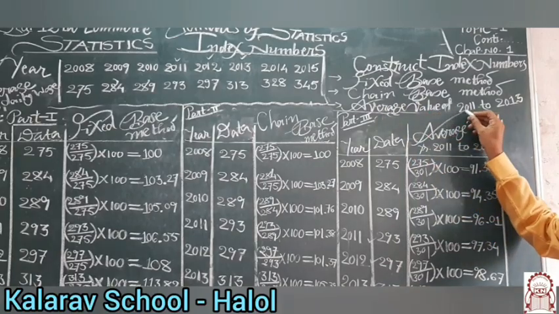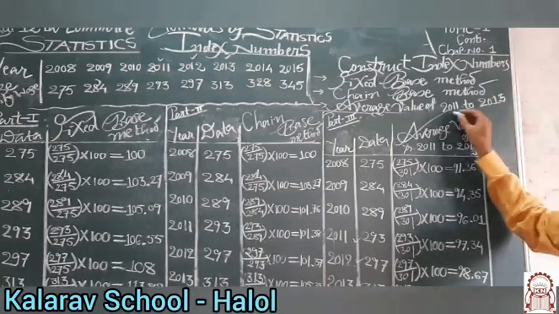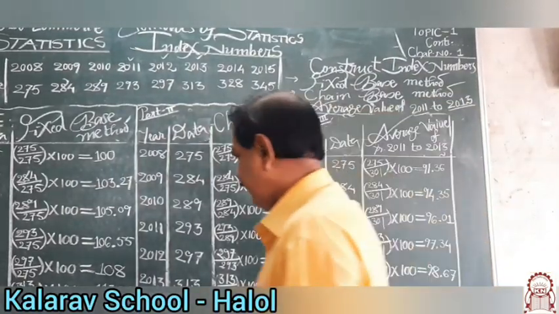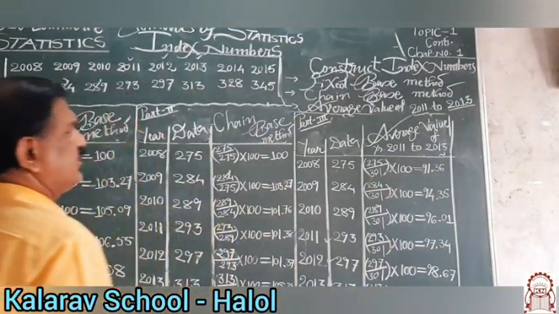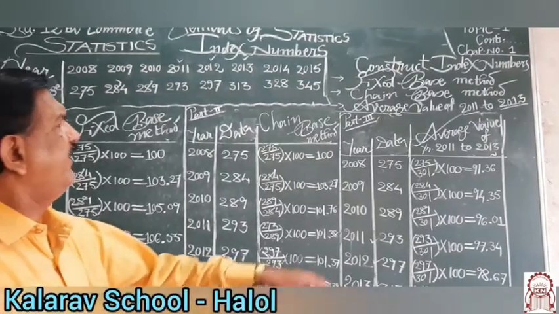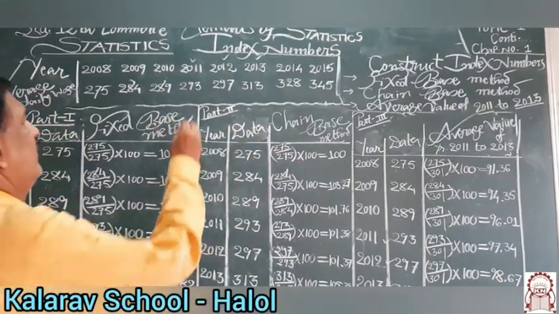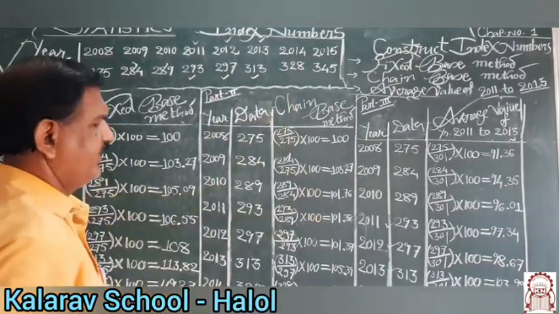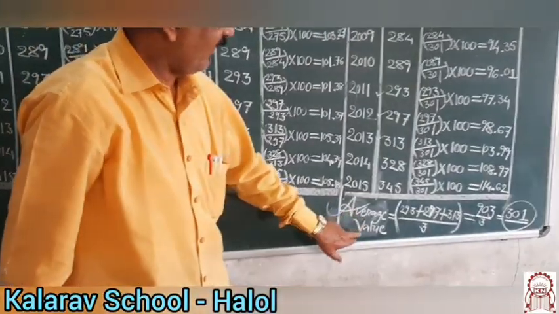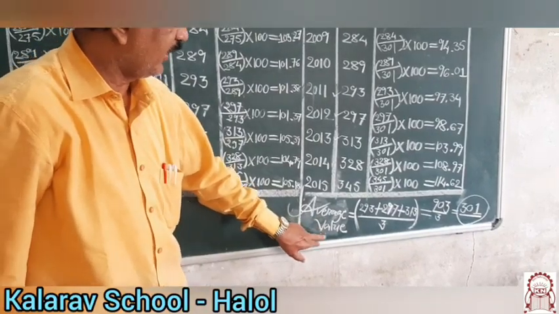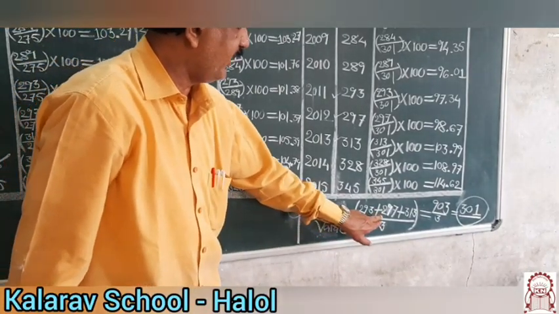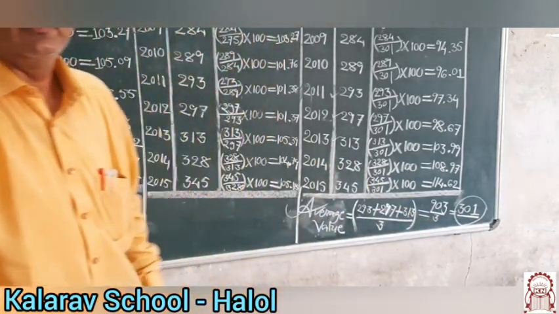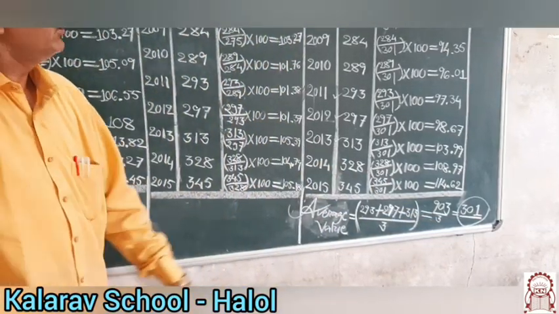So, first of all take the average value of these 3 years. The average value of 2011 to 2013 is 293 plus 297 plus 313 upon 3. The answer would be 301.